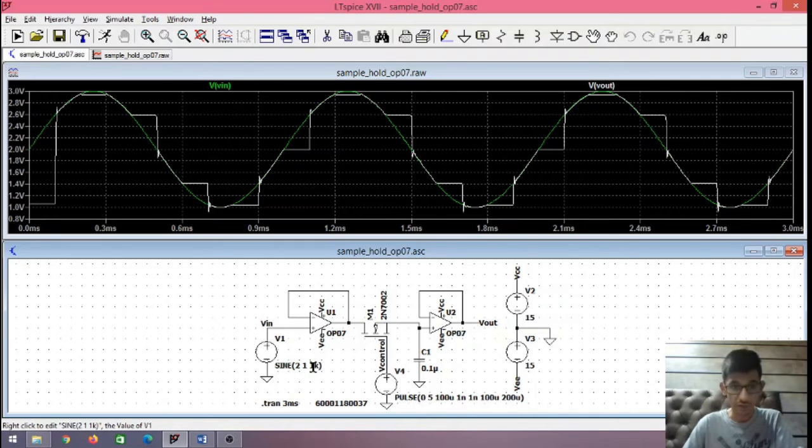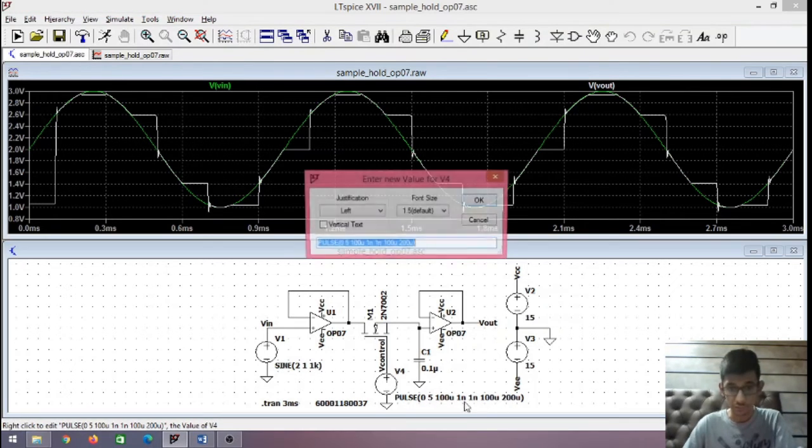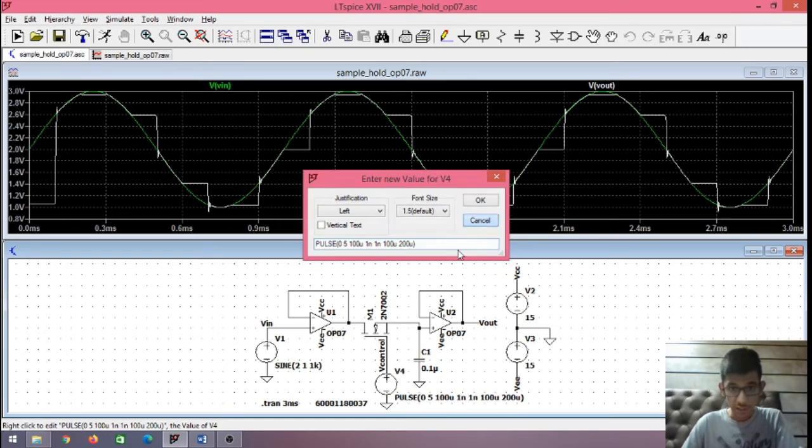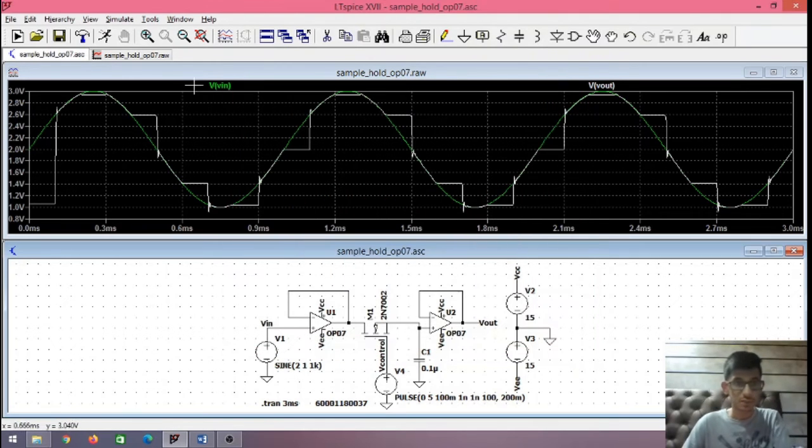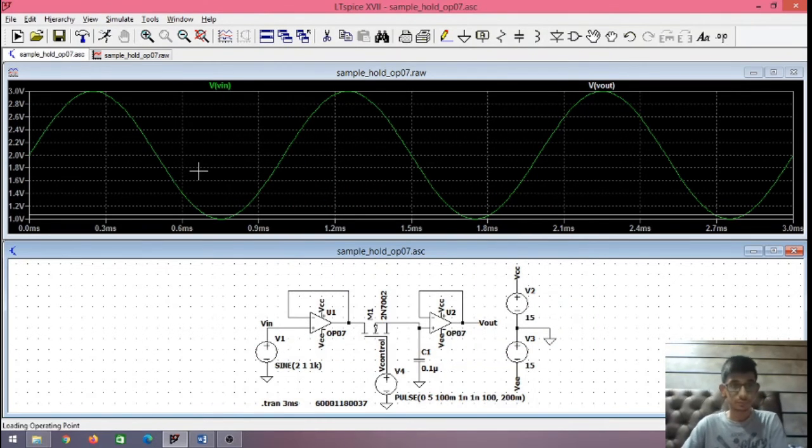Like for a 1k frequency we have a pulse of, let's change it and see, 100 micro. So let's take it 100 ms, 200 ms, and this also 100 ms, and let's see what output we get. Oh, it's very low.